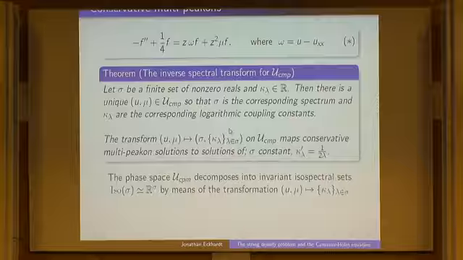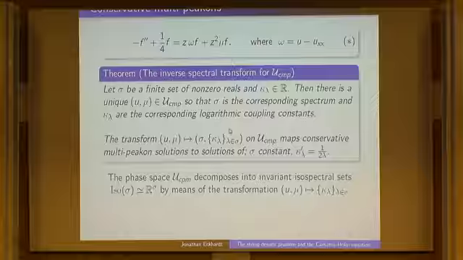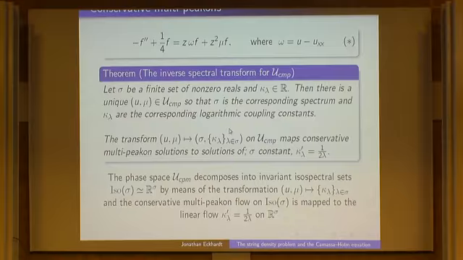Or, in other words, you have this phase space here, and it decomposes into isospectral sets, and all these isospectral sets are more or less essentially the same as an R^n by means of this transformation here, and the conservative multi-peakon flow on these isospectral sets is just mapped onto the linear flow on these R^n here. So you completely linearize this conservative multi-peakon flow.